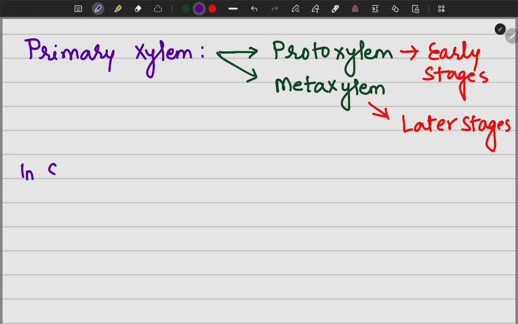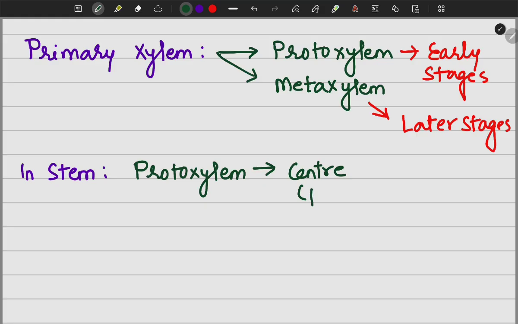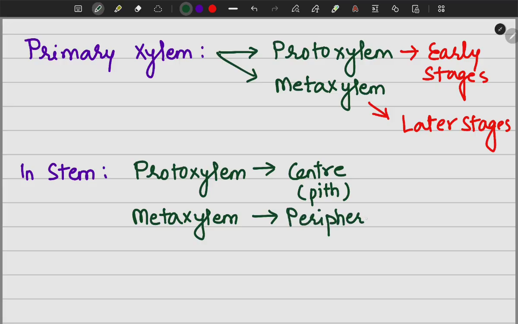So in case of stems, monocot and dicot stems, the protoxylem is towards the center of the stem, which is also called the pith, and the metaxylem is towards the periphery of the stem. This type of arrangement of primary xylem is called endarch.